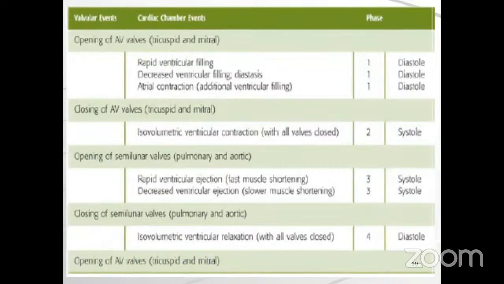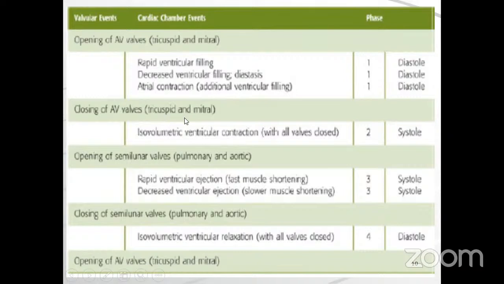In the cardiac cycle, first there is the opening of the atrioventricular valves, that is the tricuspid and mitral, causing rapid filling. The rapid filling is followed by decreased ventricular filling or diastasis and atrial contraction.